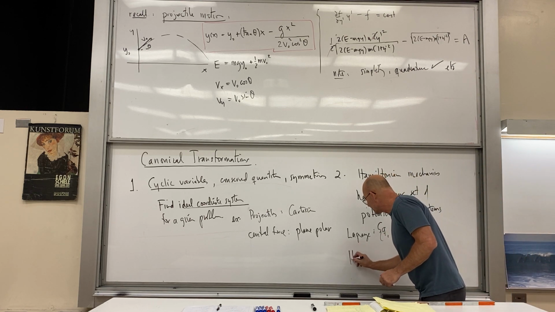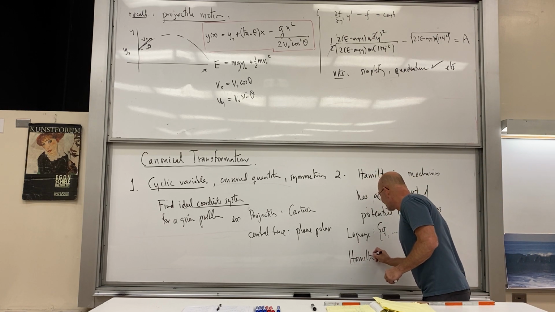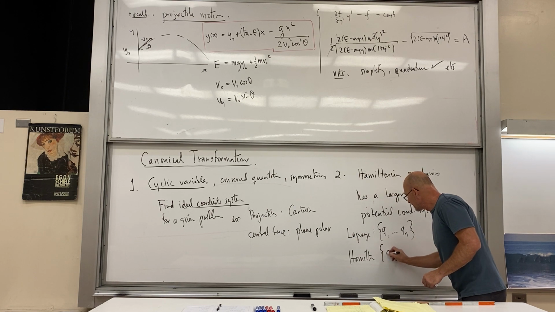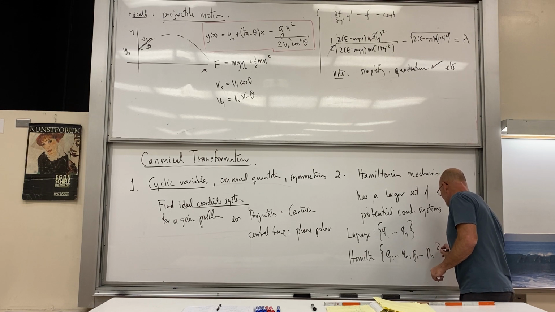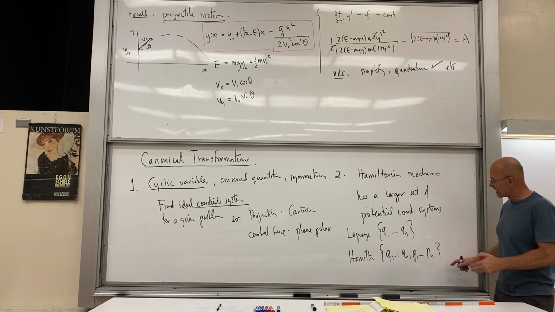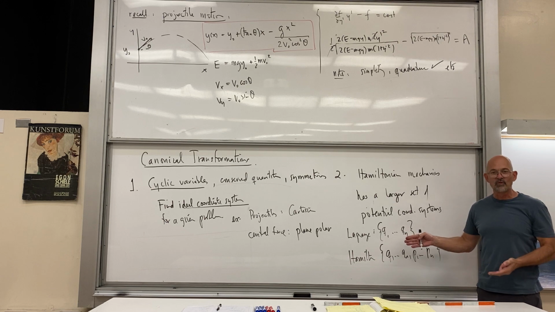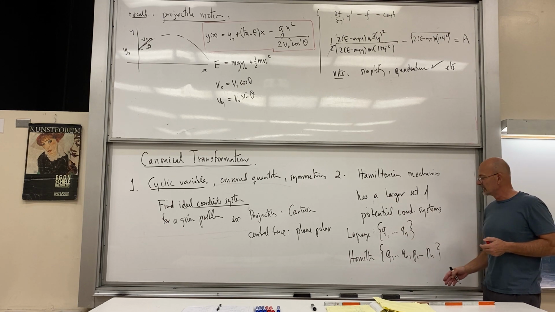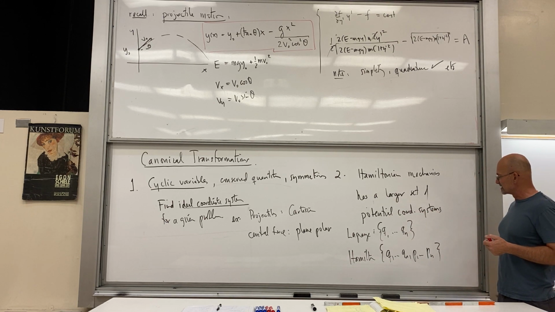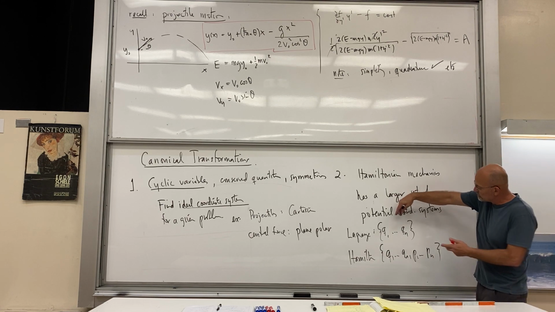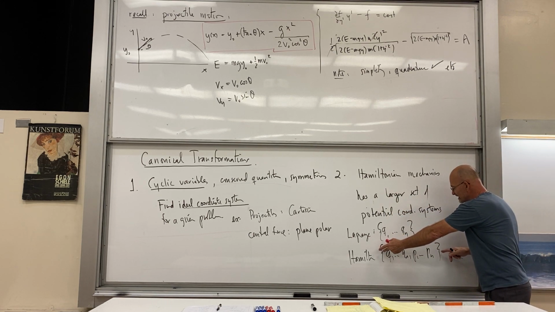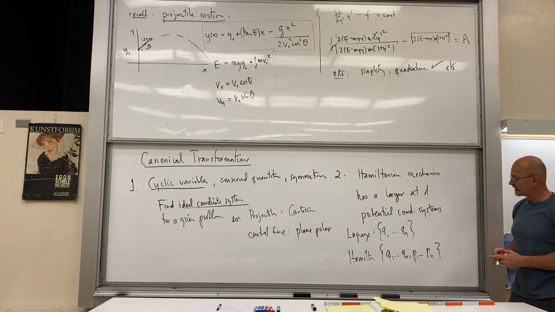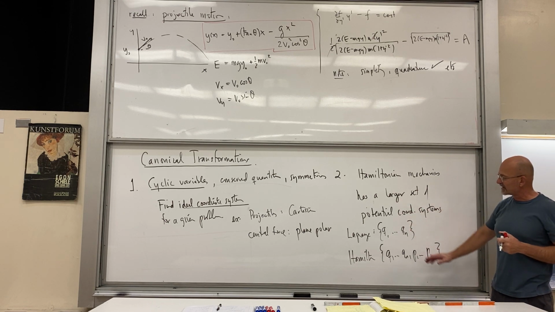In Hamilton, you have your Q1 to Qn and your P1 to Pn. Okay, so I have twice as many coordinates because P and Q all just function as independent coordinates, living in a phase space. So the transformations between sets of n and the transformations between sets of 2n are much different in magnitude.